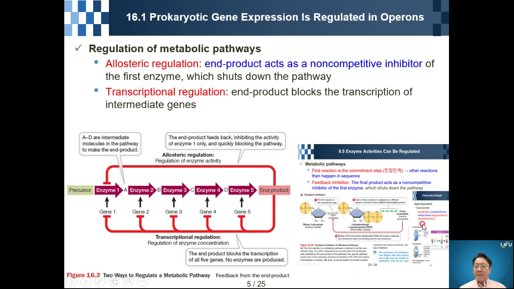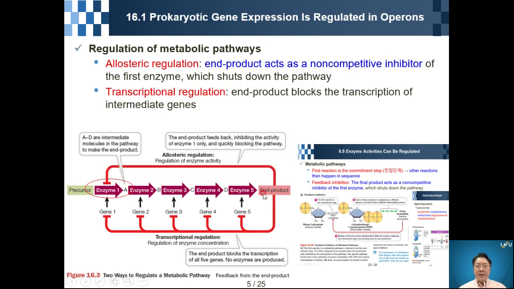It means that the final product acts as a non-competitive inhibitor of the first enzyme. So allosteric regulation means that this is the precursor, which needs enzyme 1, enzyme 2, enzyme 3, enzyme 4, enzyme 5, and they make the final end product.